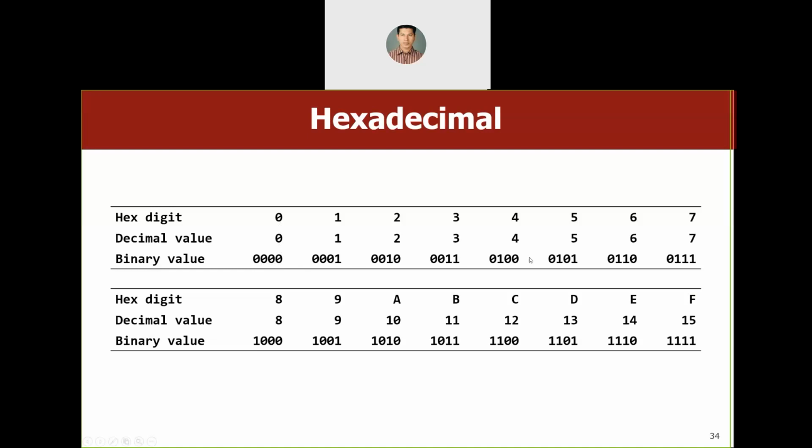Like this, we have 0111, which is decimal 7, hexadecimal 7. Likewise, 8 is 1000, binary 1001 is 9. Then we have 1010, which is decimal 10, hexadecimal A, B, C, D, E. So last number is what? 1111, which is decimal 15 and hexadecimal F.